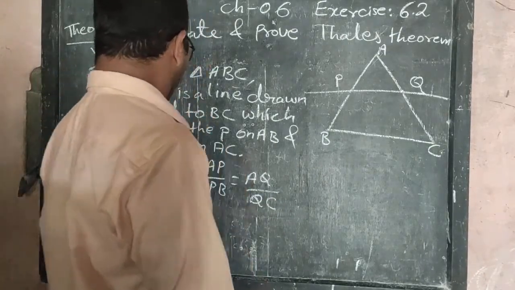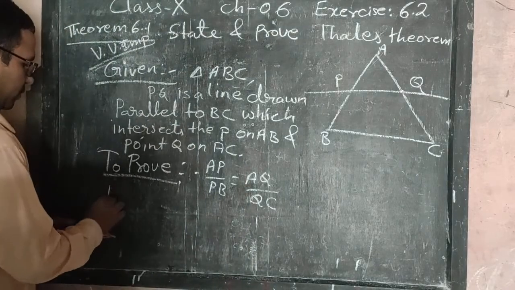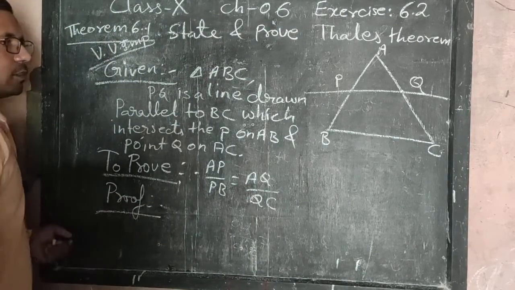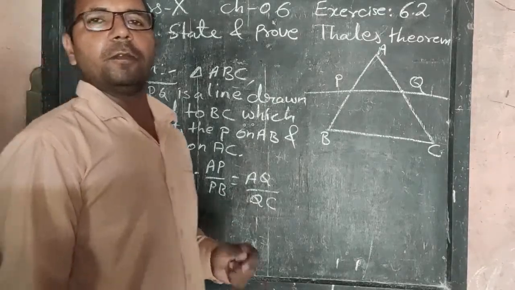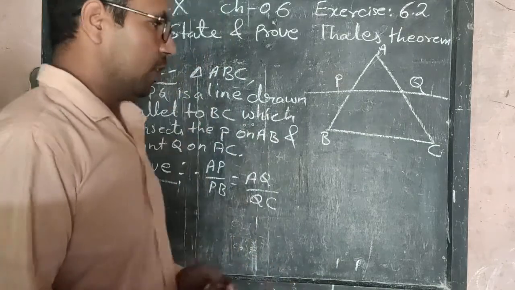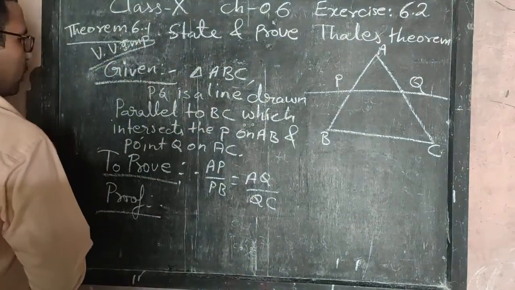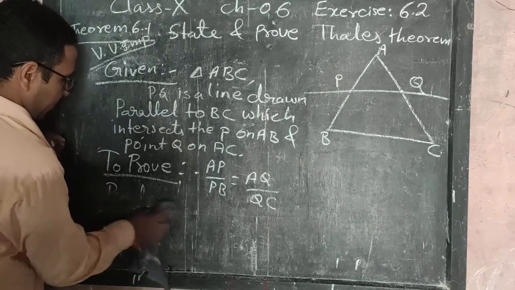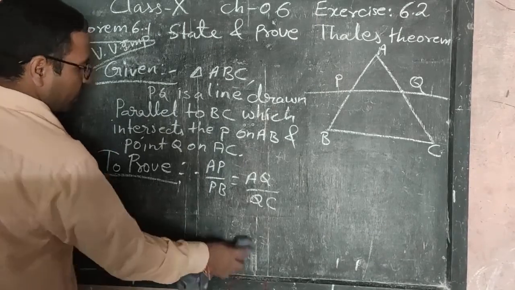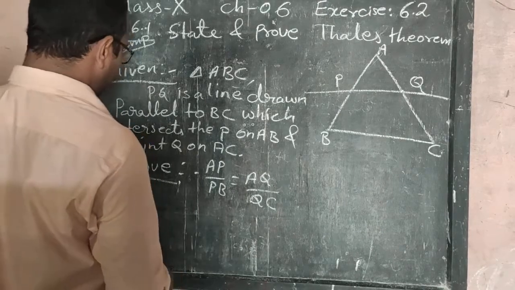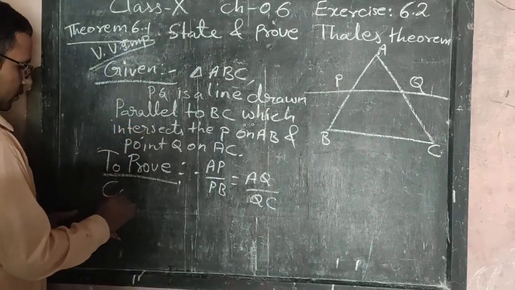Now let's see how we can prove it. For proving, we will go through the construction, which we can write before the proof, where we add an extra point or line. So what do we do in the construction?